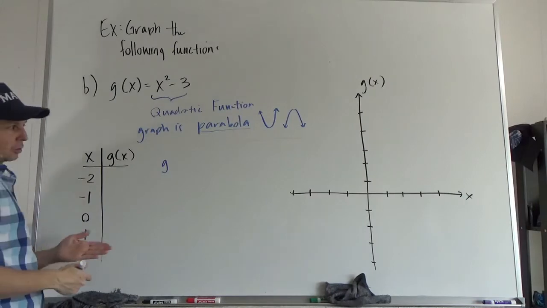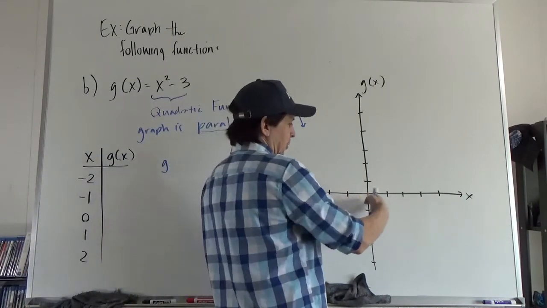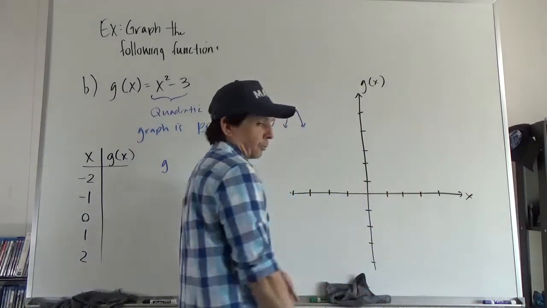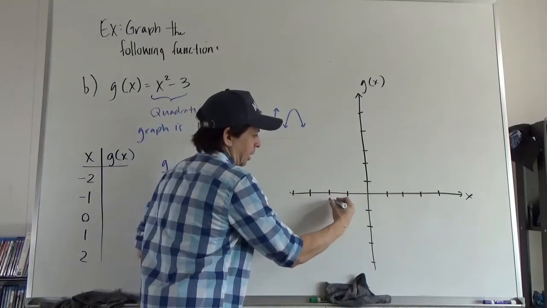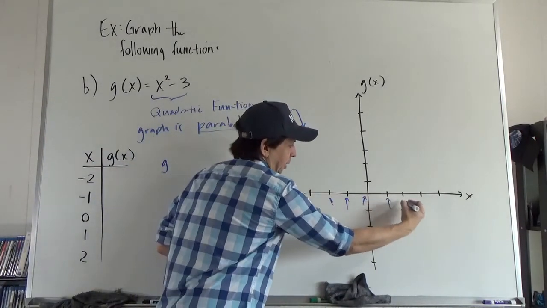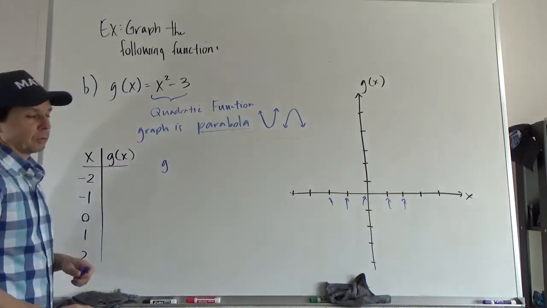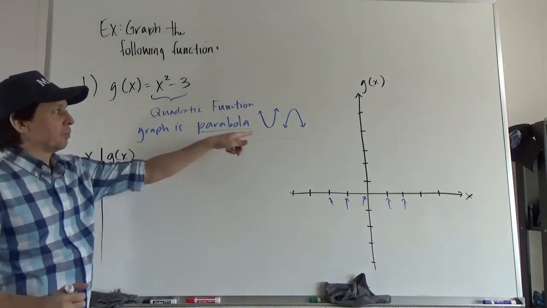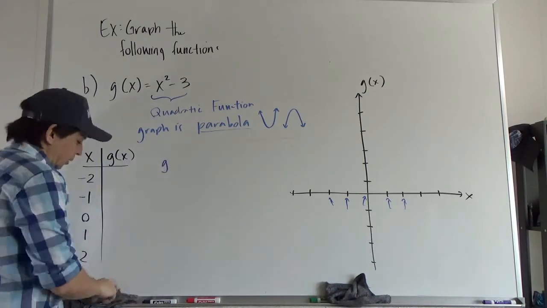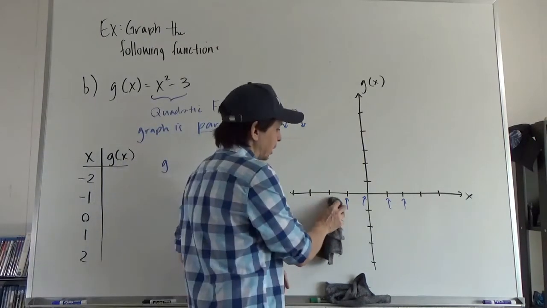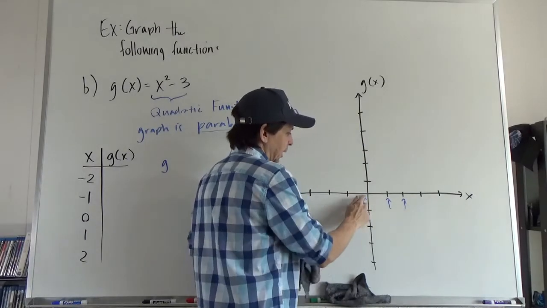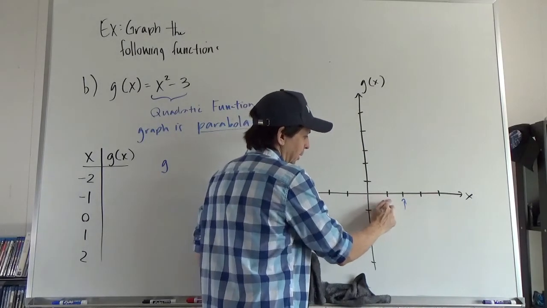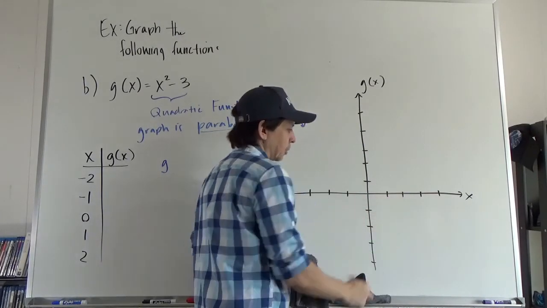And I'm picking some nice round numbers, some negatives, some positives, so around the origin. So I'm picking that value, that value, that value, that value, that value, just so I get some negatives and positives and 0, and I can see what it looks like around there. And I'll be able to basically from there determine the shape. The problems you have related to quadratics are all designed where you can just use -1, -2, 0, and 1, and you should be able to get an idea of what the parabola looks like.